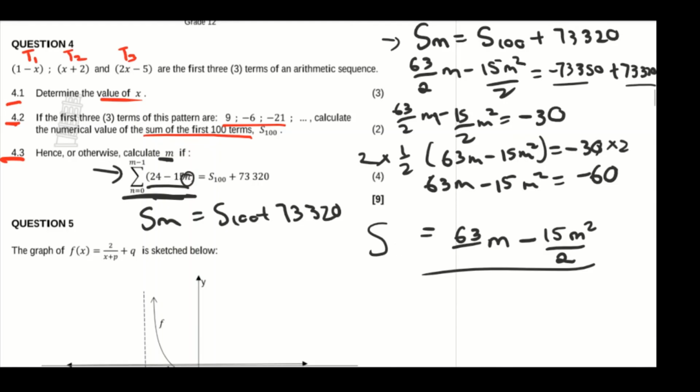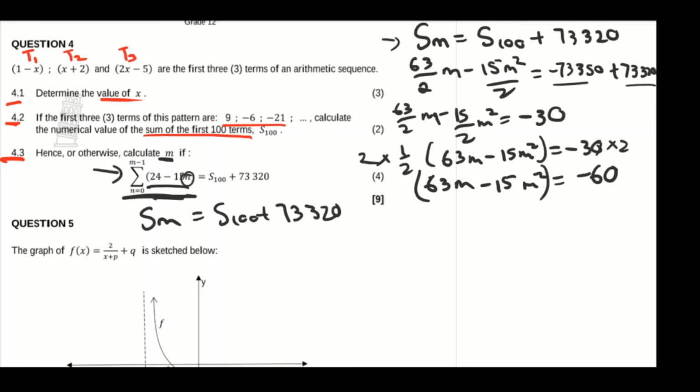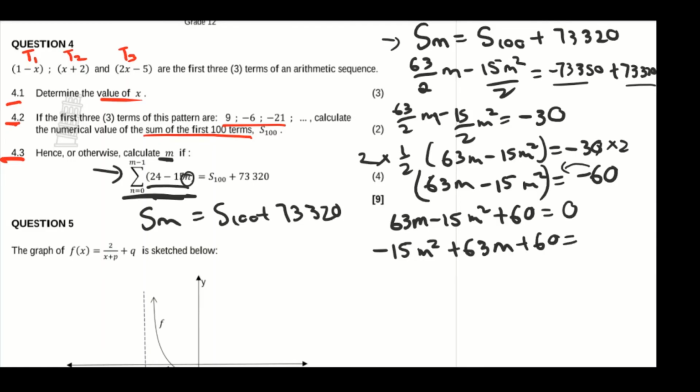So from here, this is what you're going to get. Remember there are brackets here. You can just bring the minus 60 to the other side, so you can write down 63m minus 15m squared plus 60 is equal to 0, and then you write it in standard form: minus 15m squared plus 63m plus 60 is equal to 0, right?